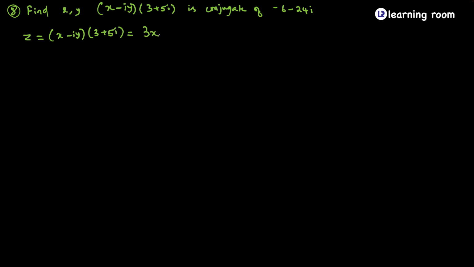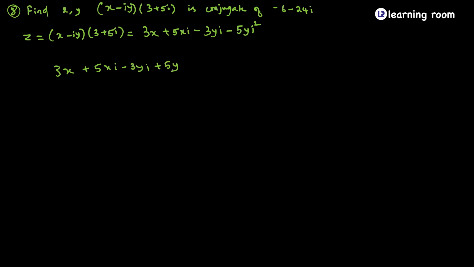It will be 3x plus 5x into i minus 3y into i minus 5y i square. So this is 3x plus 5xi minus 3yi. I square is minus 1, so minus of minus will become plus, so it will become 5y.